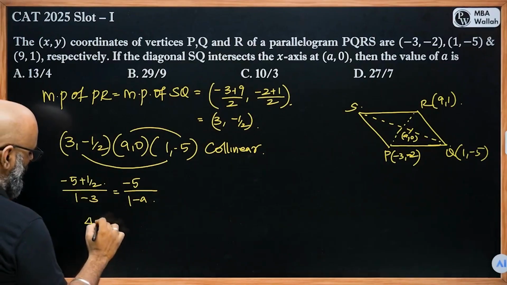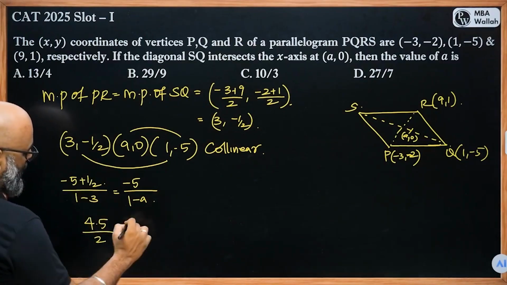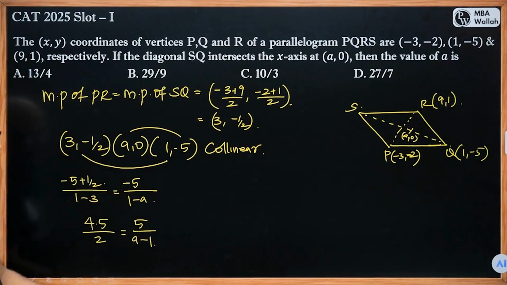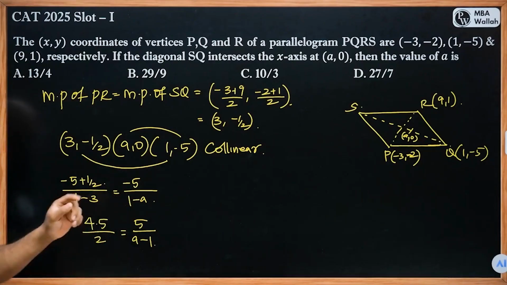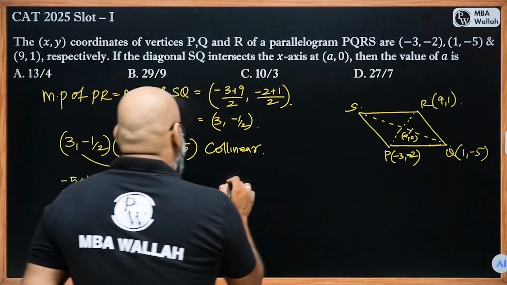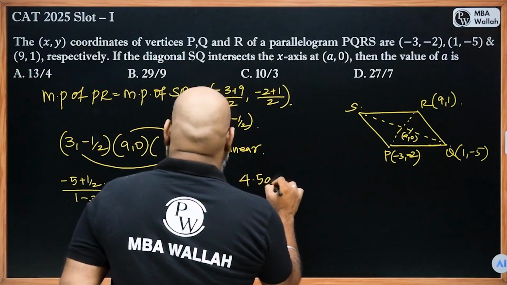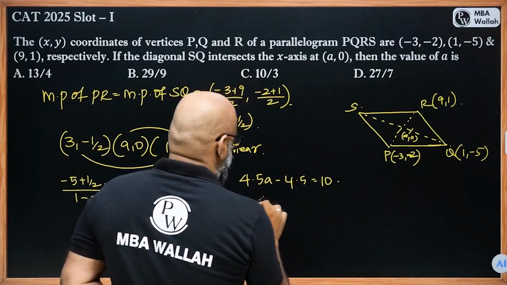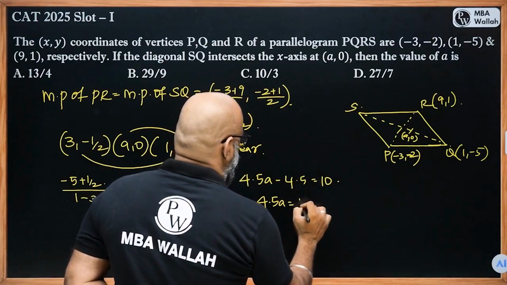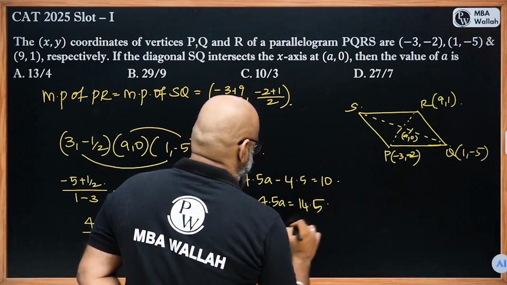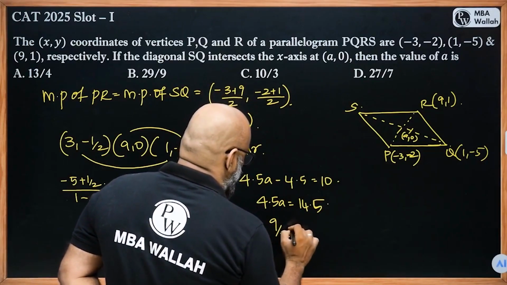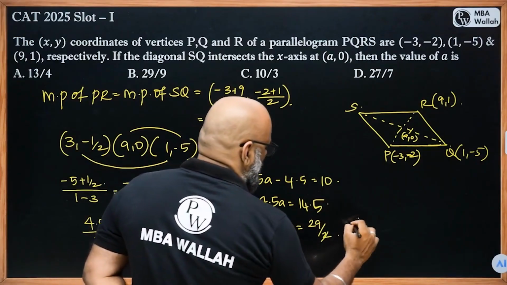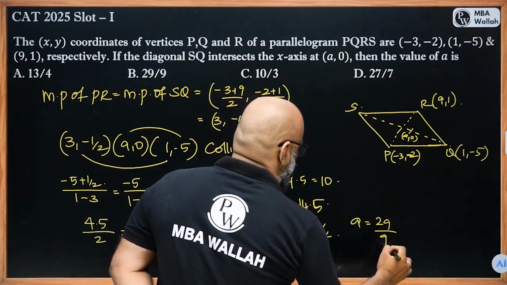So I'm going to write 4.5 by 2 is equal to 5 by a minus 1. Multiplying it by minus 1, changing the signs. Let's solve for a. This will give me 4.5a minus 4.5 is equal to 10, or 4.5a is equal to 14.5, or I can say 9 by 2 a is equal to 29 by 2. Cancel out the 2. A is equal to 29 by 9.